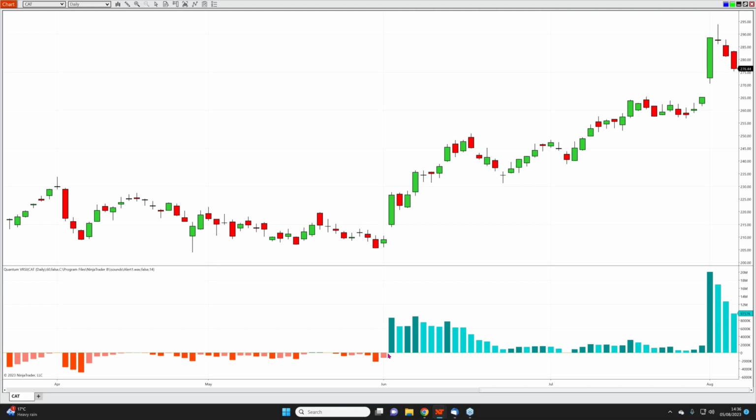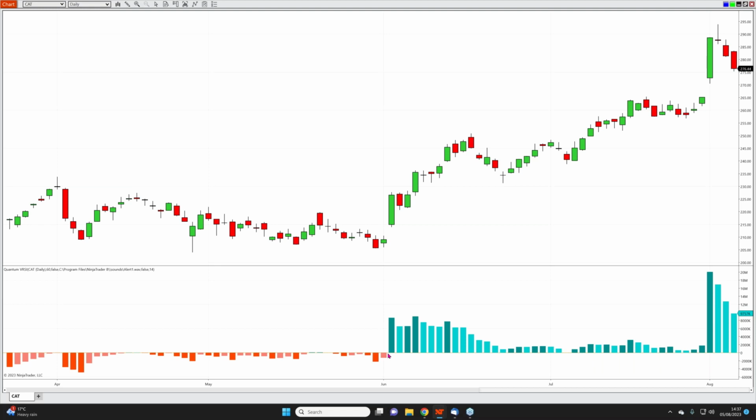The second aspect of the indicator is very much the color changes. The darker colors signify strength, bullish strength or bearish strength. The lighter colors represent a diminishing of that strength. So again, very intuitive, very self-explanatory, but very visual. So you get a graphical representation of this all the time.